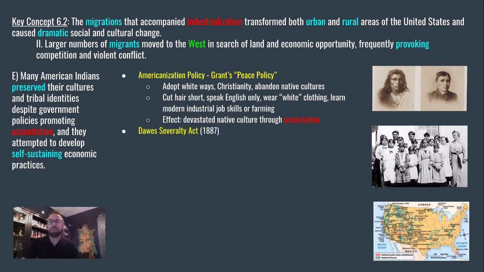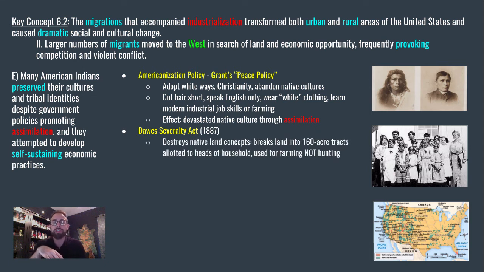Okay, another act of the government was called the Severalty Act, and it didn't just attempt to change culture, it attempted to change land rights. So it looked at the reservation system and broke up all that land into 160-acre tracts. So notice, the same amount that people would get through the Homestead Act. So it looked at territory.